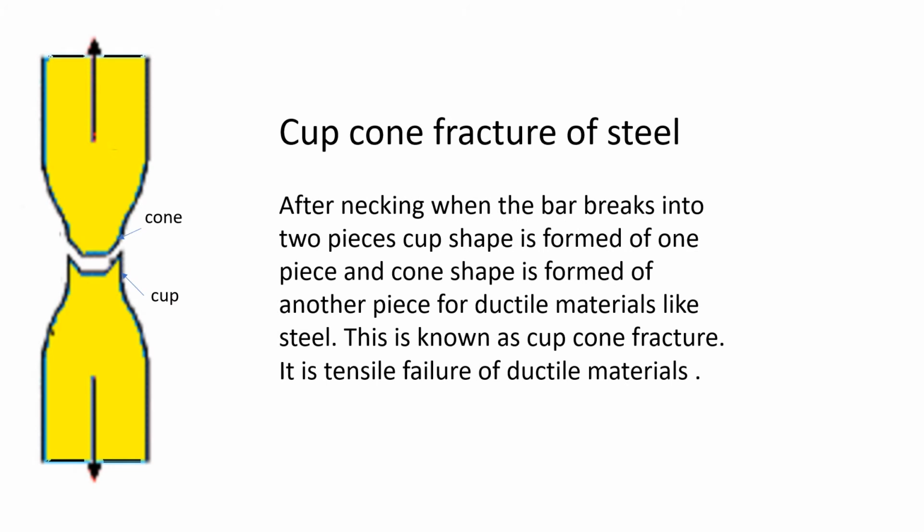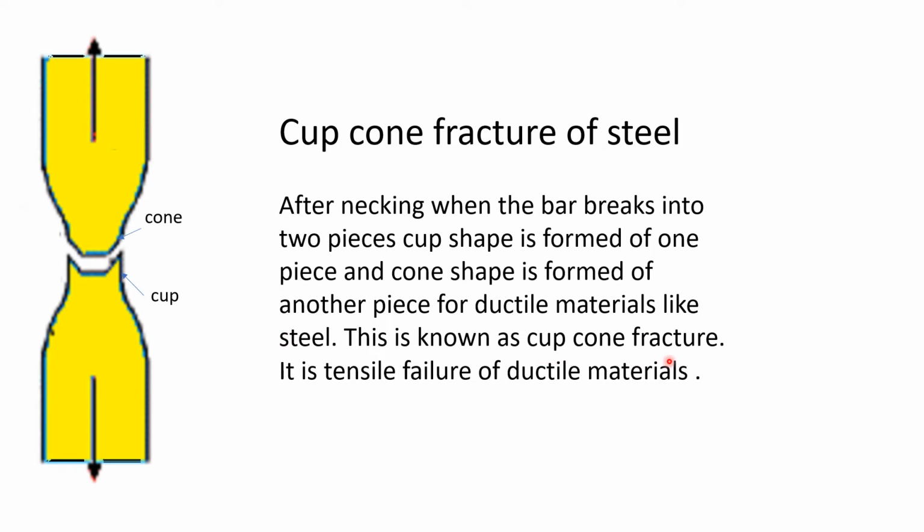Now, when the steel bar breaks, at that time we can see the bar something like this. After necking, when the bar breaks into two pieces, a cup shape is formed on one piece, and a cone shape is formed on the other piece for ductile materials like steel.